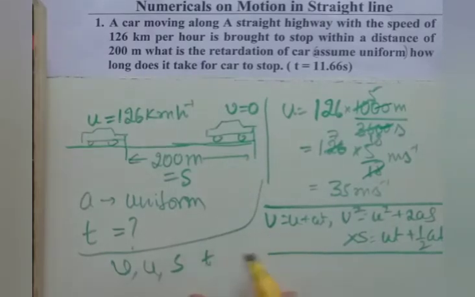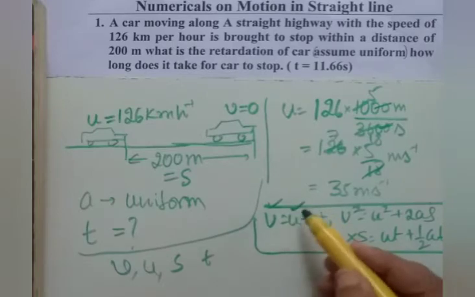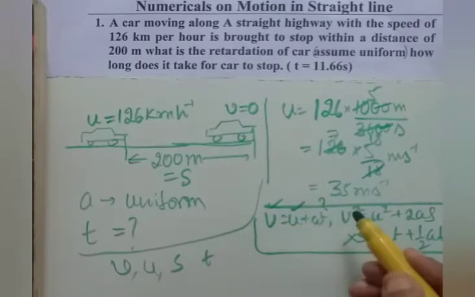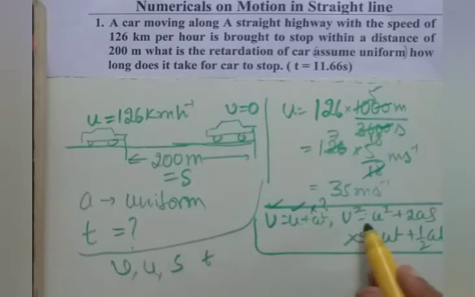I want to find T. So how to analyze the situation, I will tell you. In V, U, A, T, we know U, we know V, we want to find T, that's why I put question mark. A is not known. Next, to find A, for that we cannot use S equals UT plus half AT square because we don't know T. So we can use V square equals U square plus 2AS.